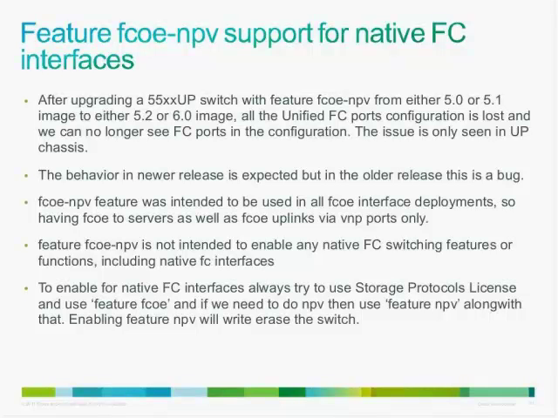Another one which we are tracking here, we still see these issues in and out with customers. So we are trying to make sure we reach out to the field for this. In the earlier code, feature fcoe-npv supported native fiber channel interfaces. Obviously, we did not have stringent checks, so even if you enabled fcoe-npv, we could still get the fiber channel ports up.